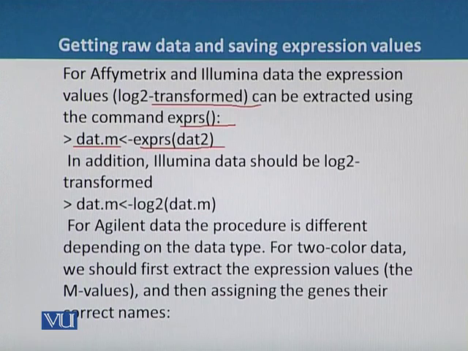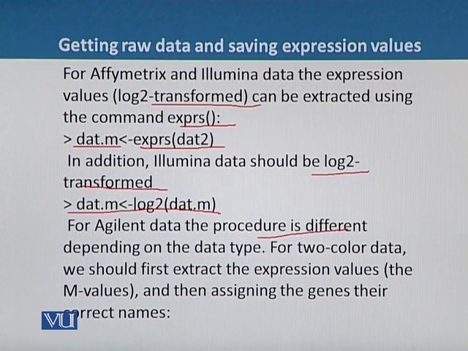We use this command, and in addition, Illumina data should be log2 transformed, because we have already seen that in case of Illumina data, we have to use the third step after background correction and normalization. We have to convert data into log2 transformed data. For this, we use this command, and for Agilent data, the procedure is different depending on the data type.